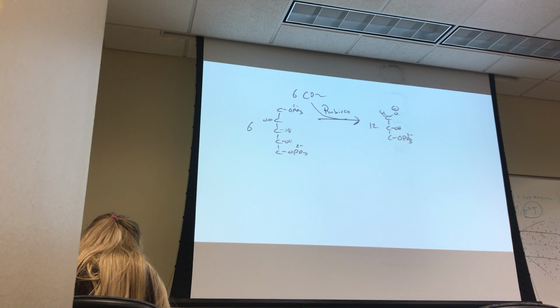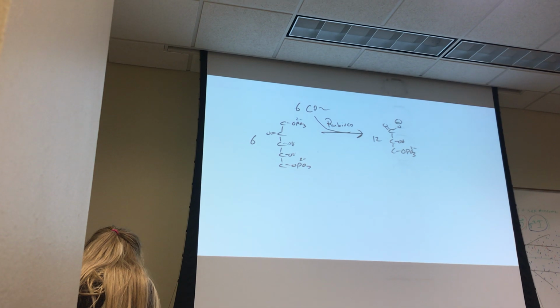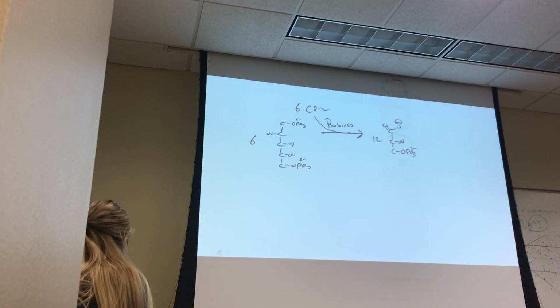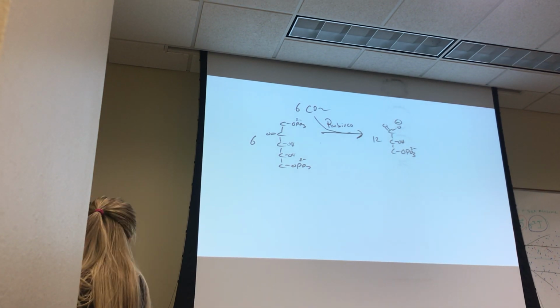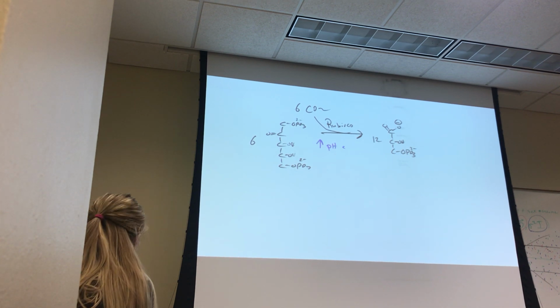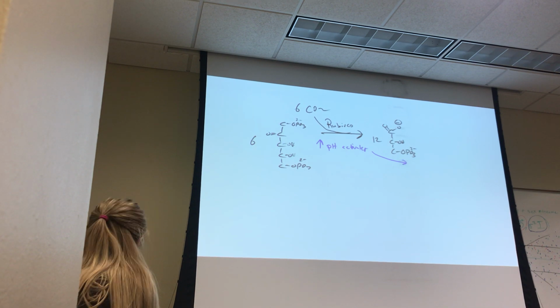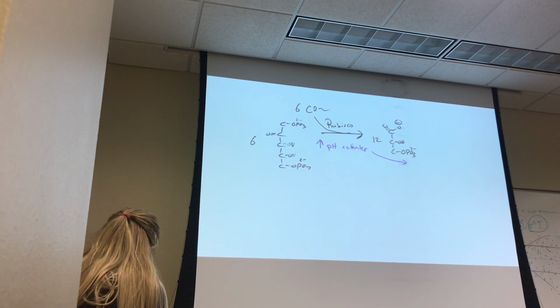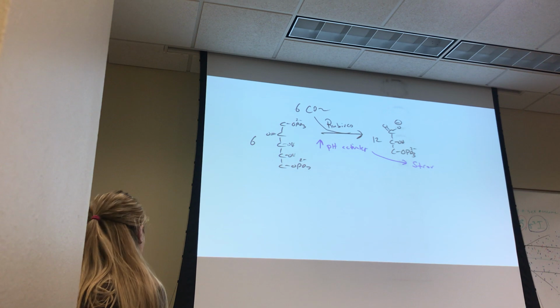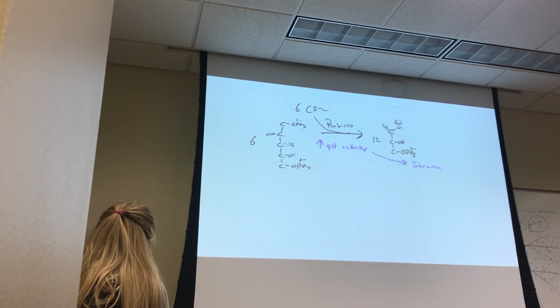So what is regulating these? One of the things is high pH. So high pH activates. Now I'm going to delve into this a little bit more. Remember, Rubisco is in the stroma. Right? So it's in the stroma.